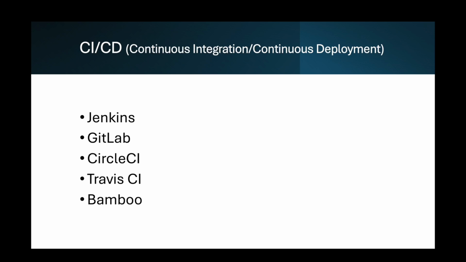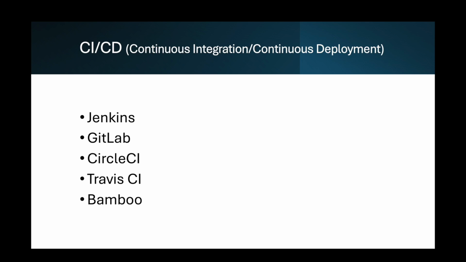Continuous integration and continuous deployment are practices that aim to improve the software development process by automating the building, testing, and deployment of applications. CI/CD helps teams deliver code changes more frequently and reliably, ensuring that software is always in a deployable state.